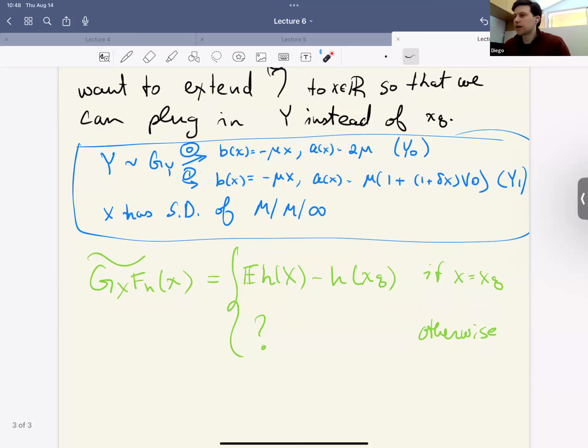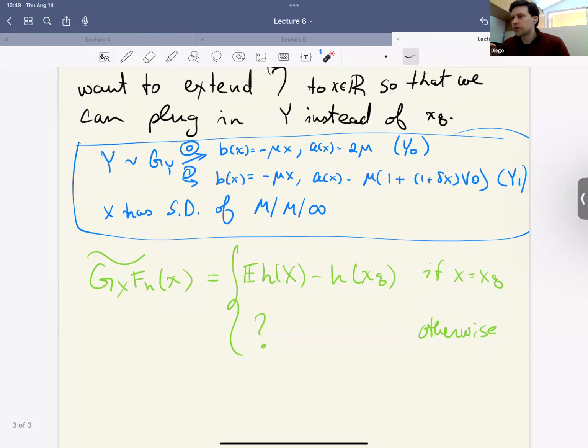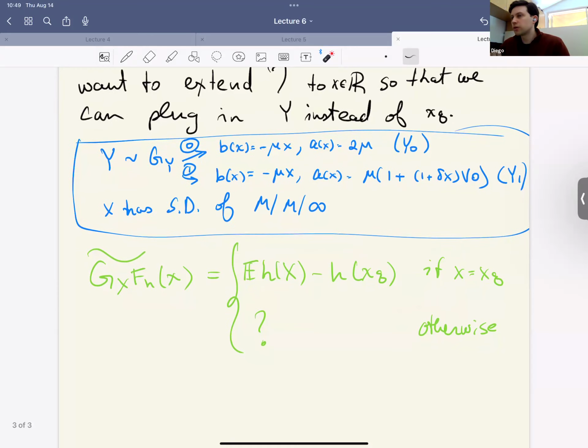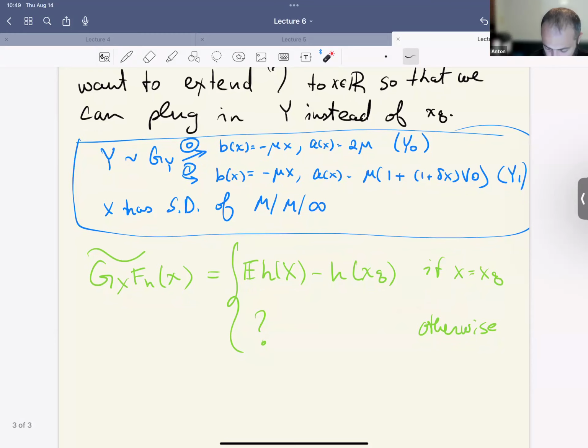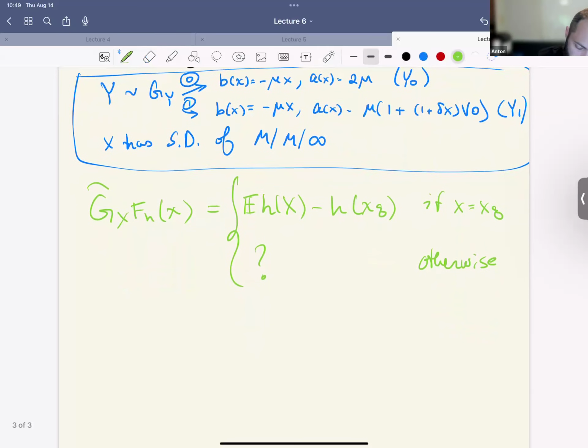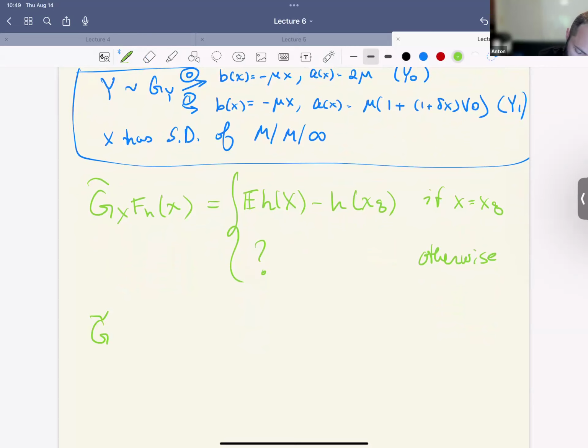I don't mean to extend the generator applied to f sub h. I mean to extend only the generator, and then you have a new equation, like the extended generator applied to something, which is the unknown, equals the expectation of h of x minus h, and you solve this new equation. So you find a new f sub h. Okay, I see. So maybe that's a good way to do it.